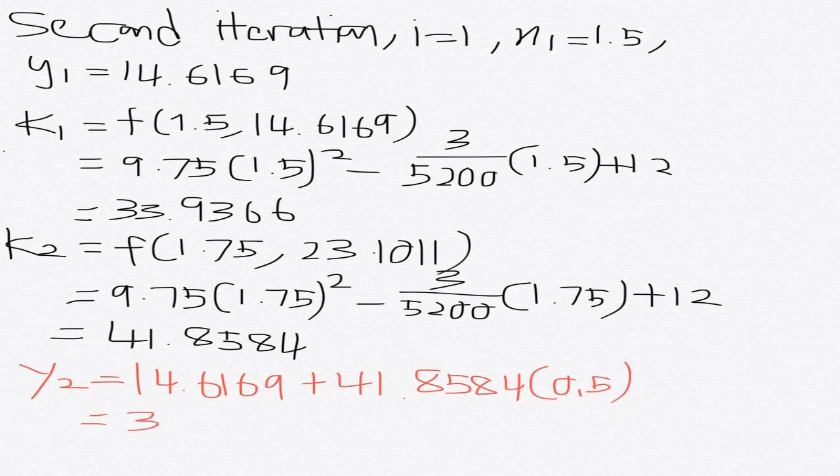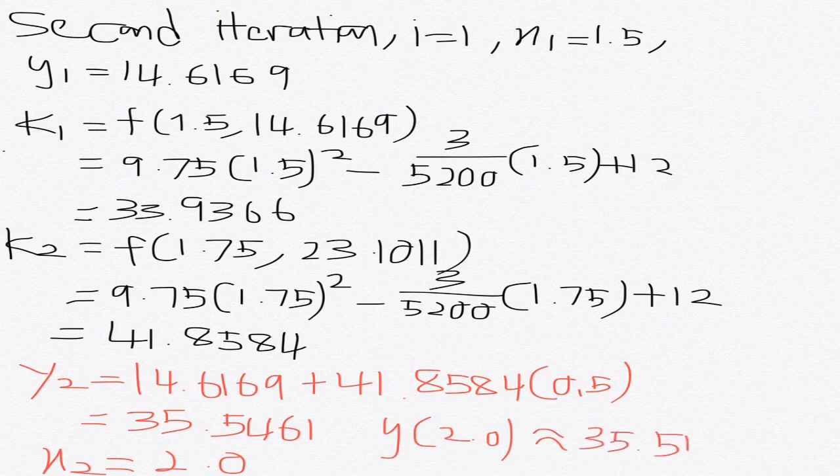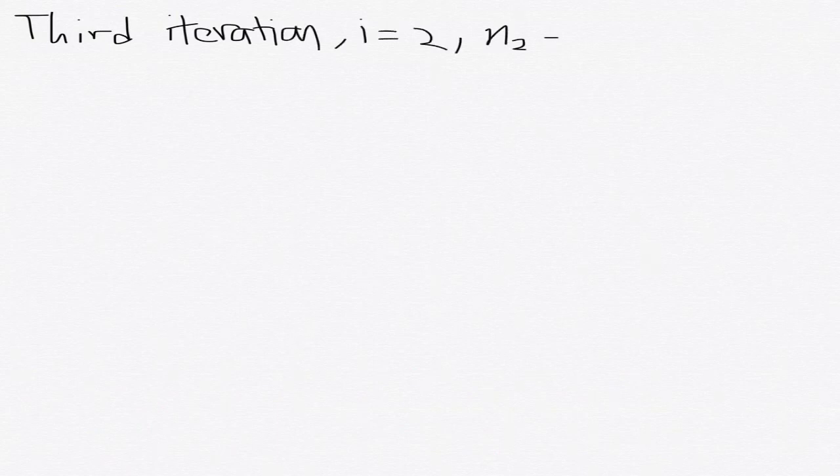If you still remember the answers for the Heun method, you will realize that the value of y is a bit different as compared to the Heun method, but the difference is quite small. And then the procedure is the same.